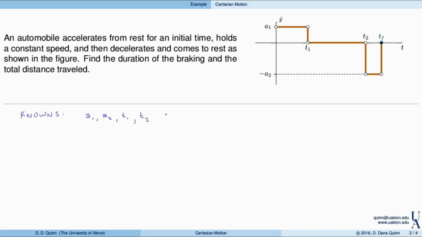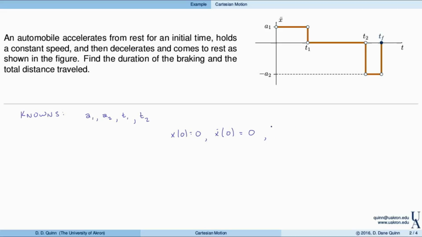In addition, I know that the initial position is 0, because we're dealing with distance traveled here. We know that the initial speed is 0, so x dot at time 0 is equal to 0, because it accelerates from rest.